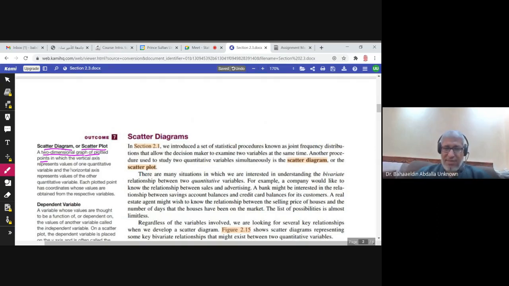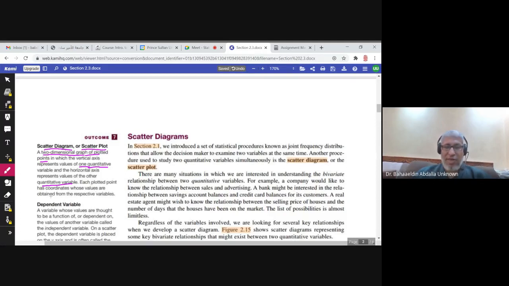The vertical axis represents values of one quantitative variable, and the horizontal axis represents values of the other quantitative variable. So you have two quantitative variables. You put one of the quantitative variables on the x-axis and the other quantitative variable on the y-axis. So the scatter diagram is a graph that represents two quantitative variables, one of them on the x-axis and one of them on the y-axis.